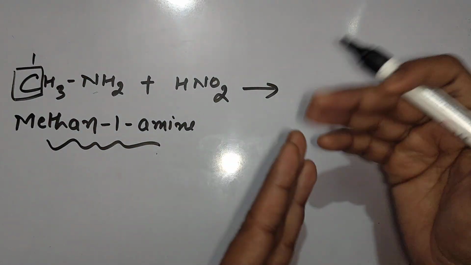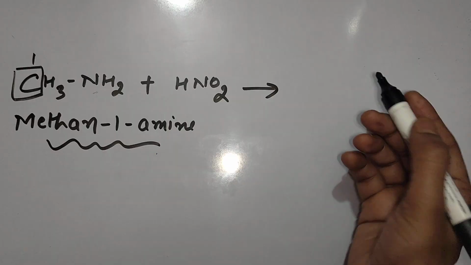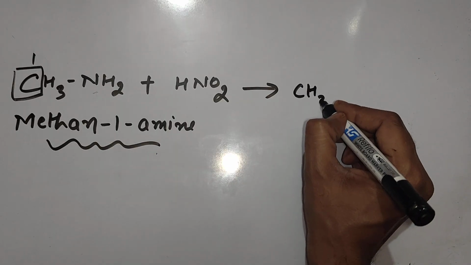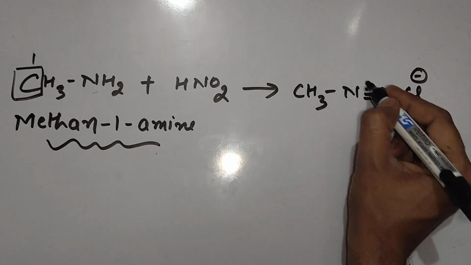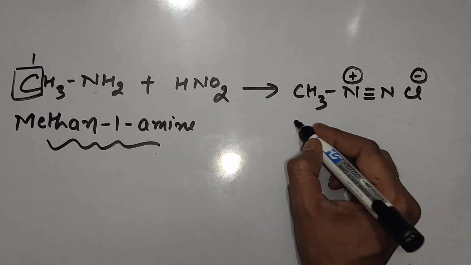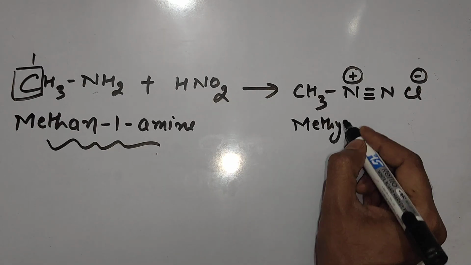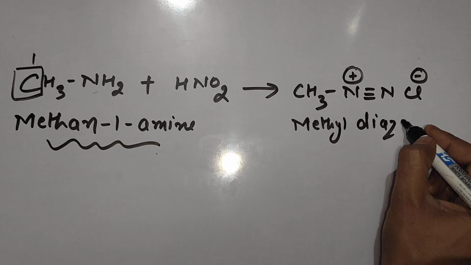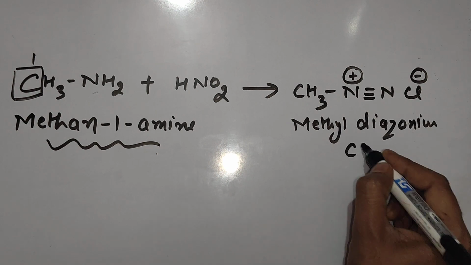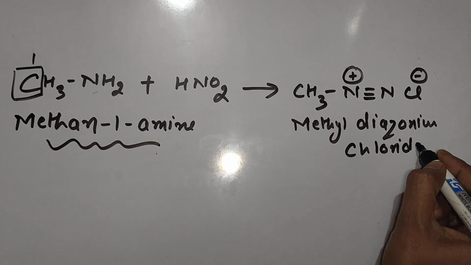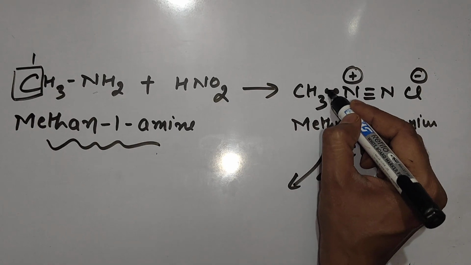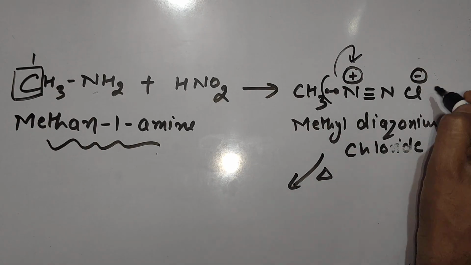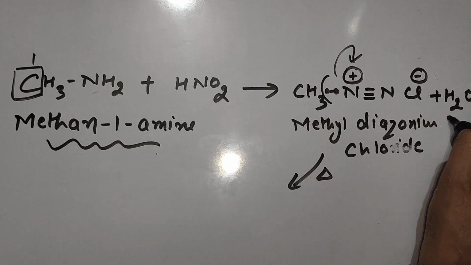Okay, if I solve this reaction step by step, first what will be generated? CH3 diazonium chloride, methyl diazonium chloride. And finally, we will provide a little bit of heat. So decomposition will happen. With that, H2O was also released.